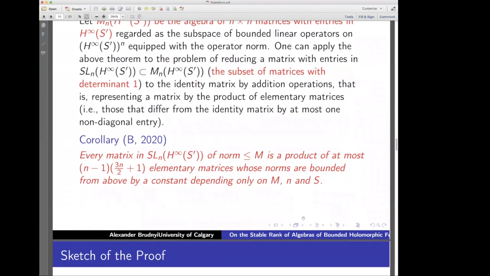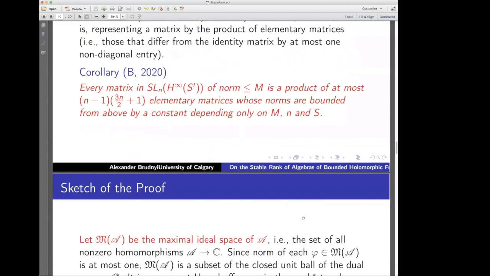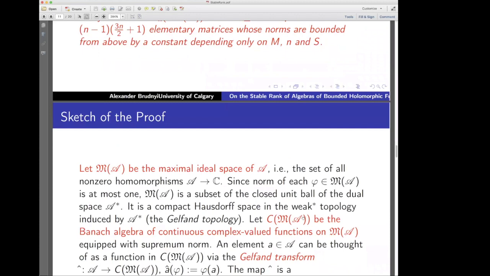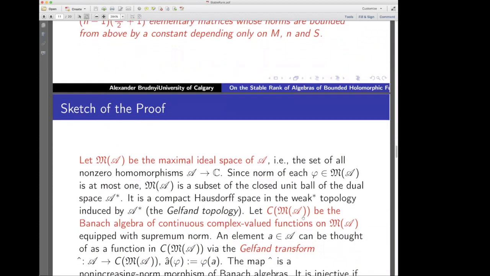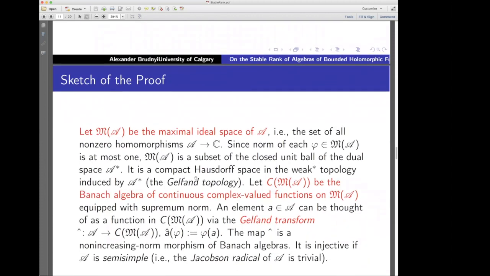Okay, so now I will describe some ideas inside the proof of this result. For this purpose, I need to recall some definitions from the theory of maximal ideal spaces of commutative Banach algebras. By M_A, let us denote the maximal ideal space of a commutative Banach algebra A. This is the set of all non-zero homomorphisms from A to the field of complex numbers.